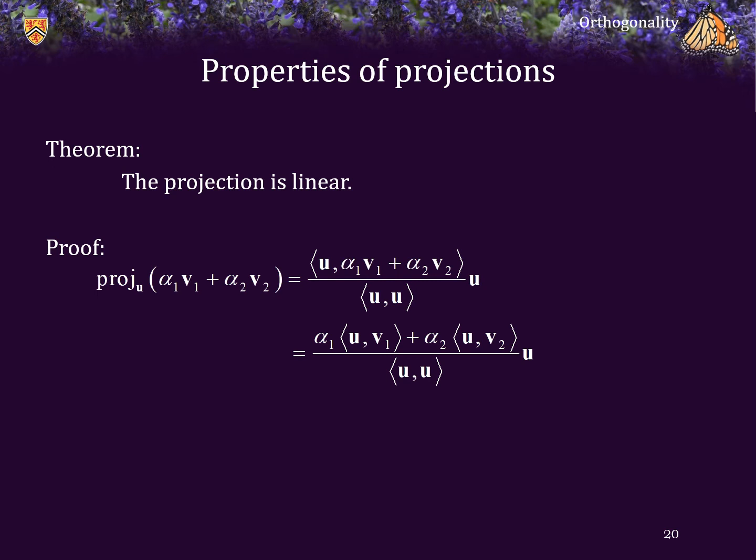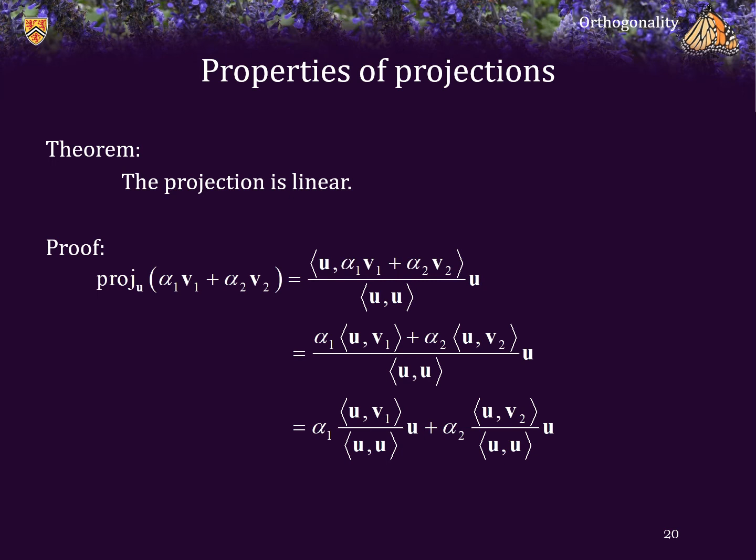Now, using the properties of field multiplication and scalar multiplication, we can rewrite this as the following expression. But wait a second, alpha 1 is being multiplied by that ratio times u. But that ratio times u is just the projection of v1 onto u.